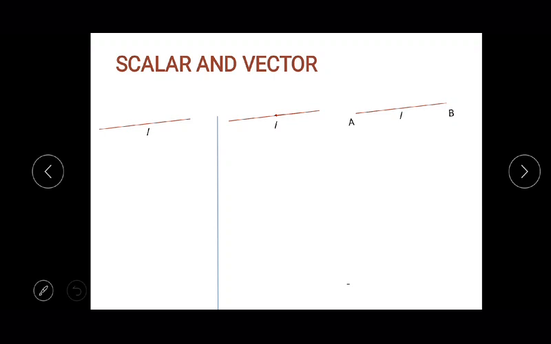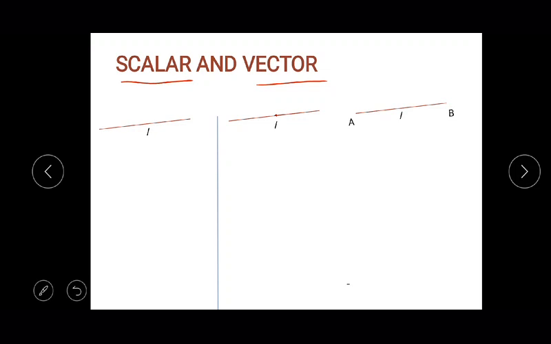Next we have the two terms called scalar and vector quantities. Before explaining scalar and vector quantities, we should know that there are certain quantities which are measurable and certain quantities which are not measurable. As we are not to deal with non-measurable quantities, here we will be discussing measurable quantities.